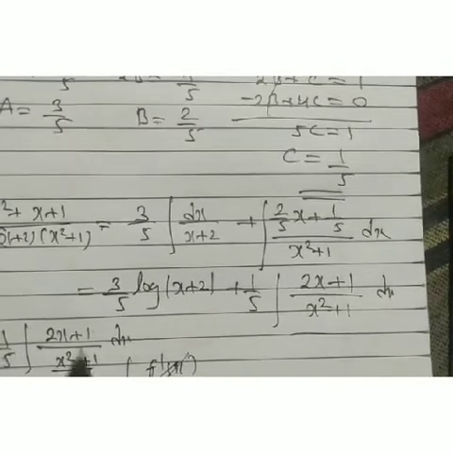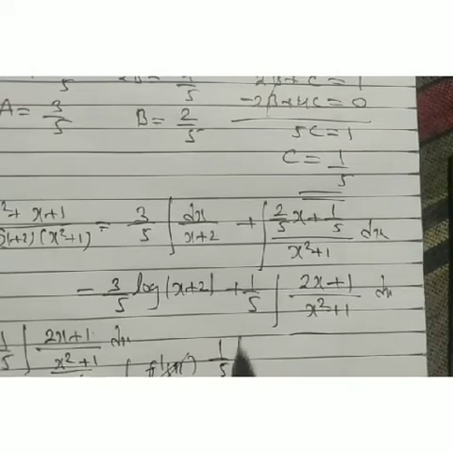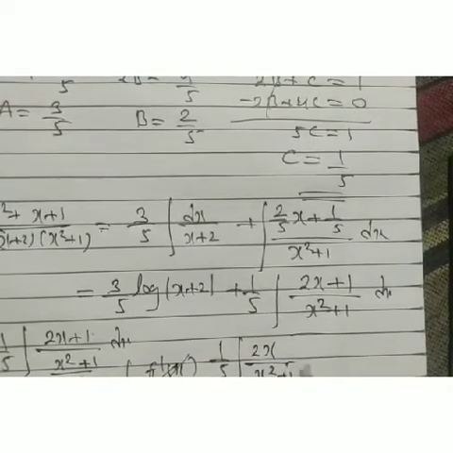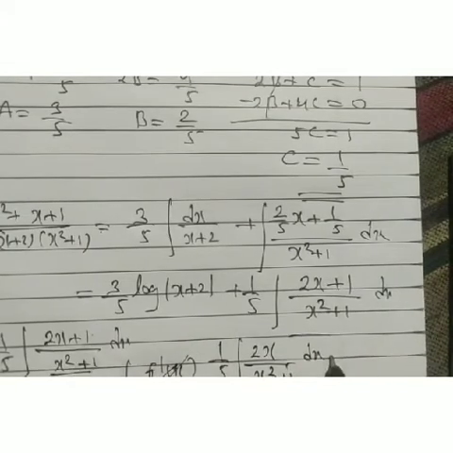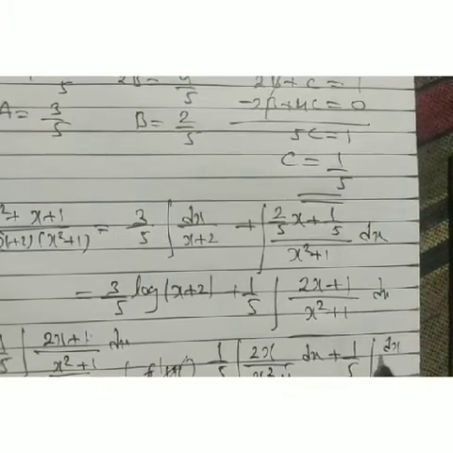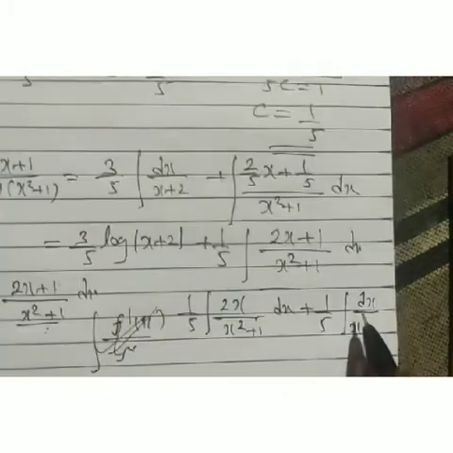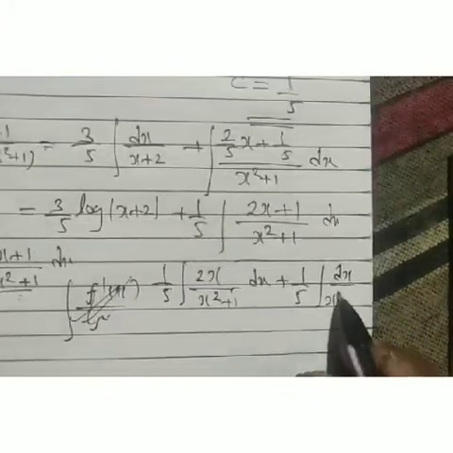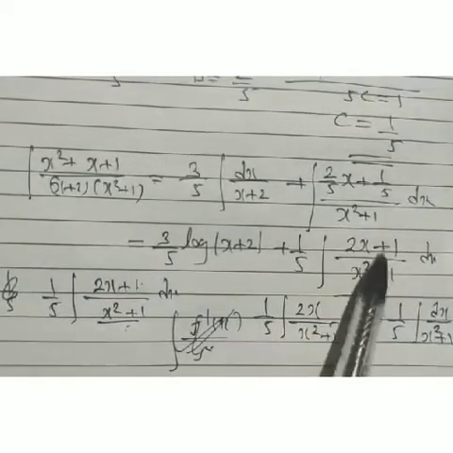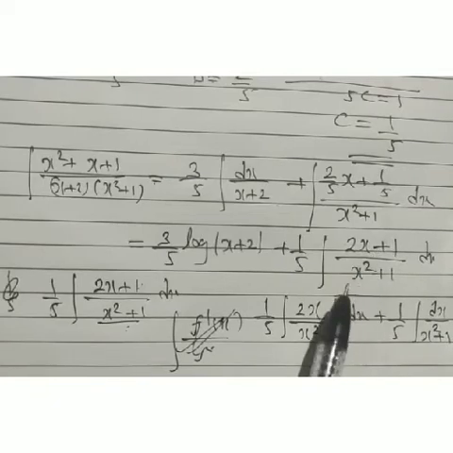Then what we do, we break it: 1 by 5 integration of 2x upon x square plus 1 dx, and another one, 1 by 5 dx upon x square plus 1.